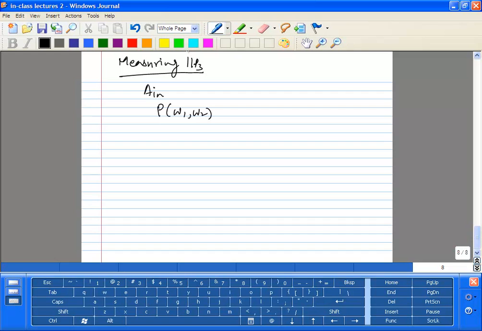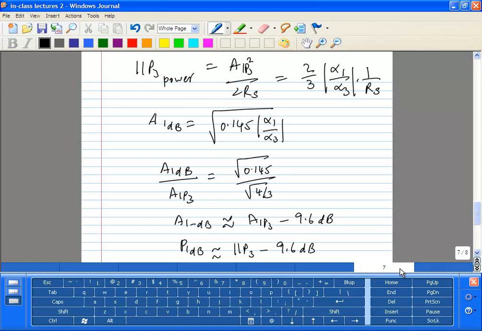This relation is applicable only when higher order harmonics are not present. Exactly. So that is one thing you should always remember. In calculating this relationship between P1 dB and IIP3, we have assumed just a cubic nonlinearity. In reality, if your compression is caused by higher order nonlinearities, then this relation is no longer true. And in the real case, you would probably not have such a nice relationship across all systems. But still the point will be measured from it, doesn't matter how many terms. Yes, that's right.